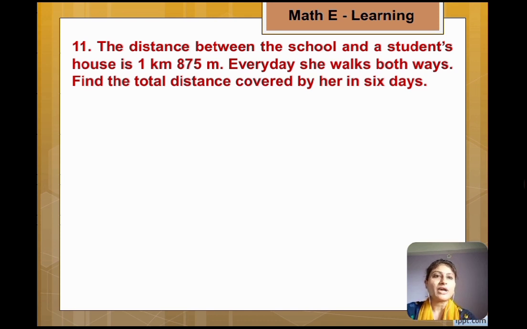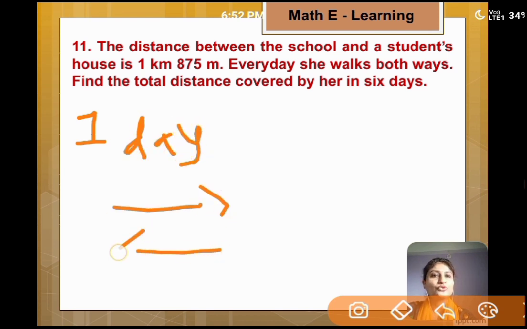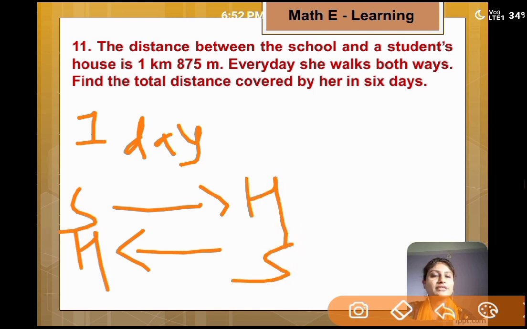So first we find the distance covered by her in 1 day only. Now she walks both ways, school to home and home to school, right? And for that we add these two distances and we get the distance covered in 1 day.